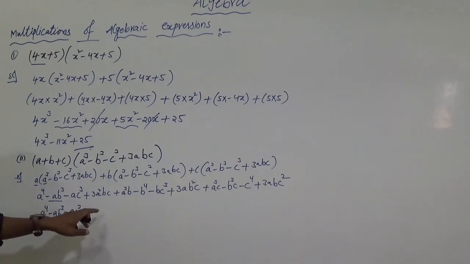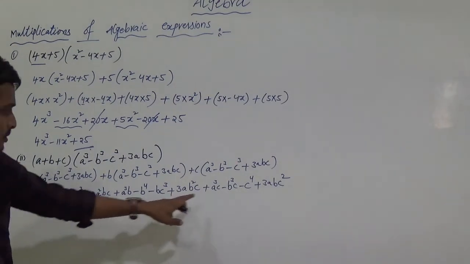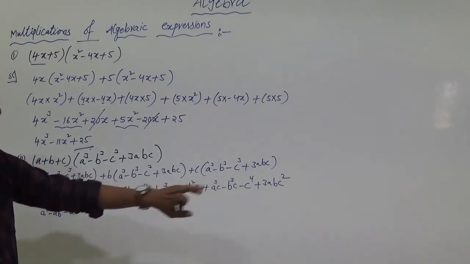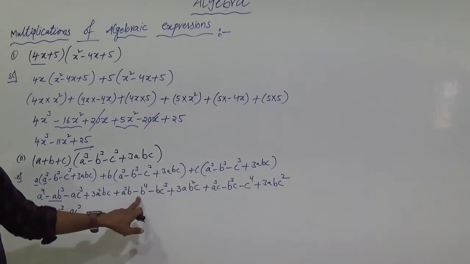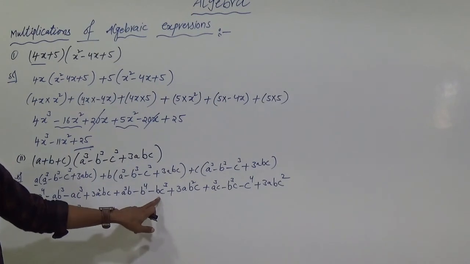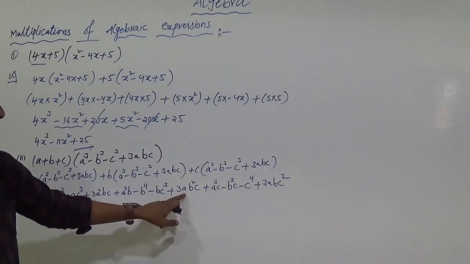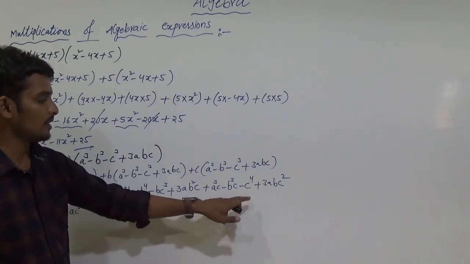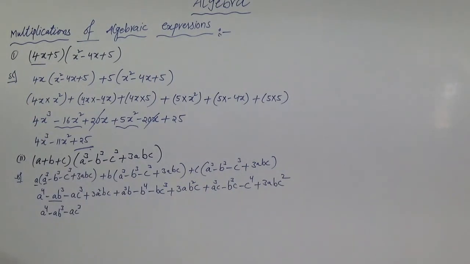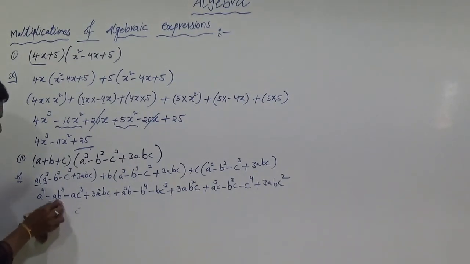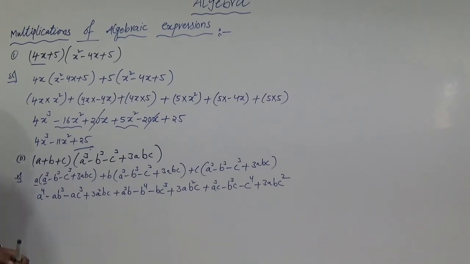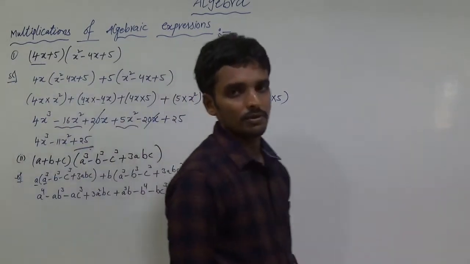A square bc, there is no other a square bc. A cube b, not there. b power 4, not there. bc cube, not there. 3ab square c, not there. A cube c, not there. b cube c, not there. c power 4, not there. 3abc square, not there. That means this is our answer. There are no like terms, so we cannot add or subtract. This is the answer of this problem.